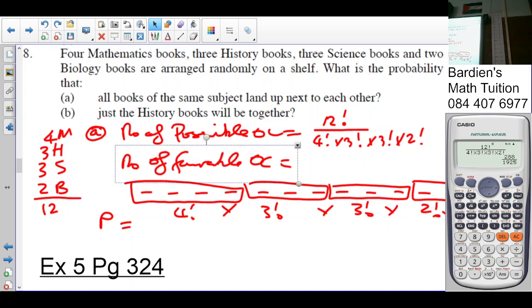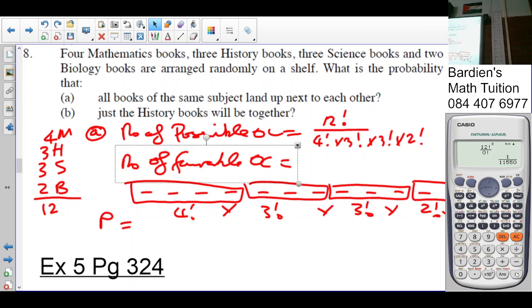Just check something. It's 12 factors. Yeah, that's our answer.